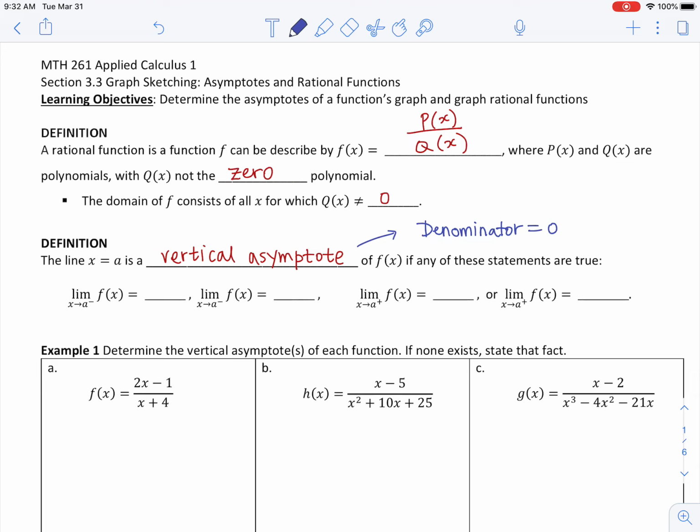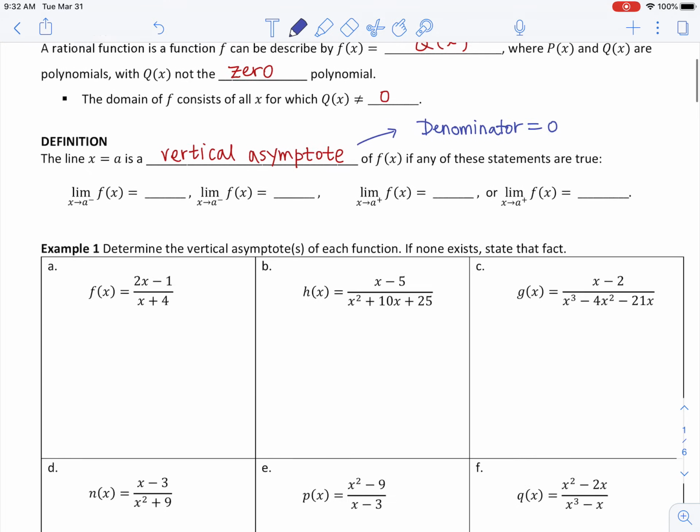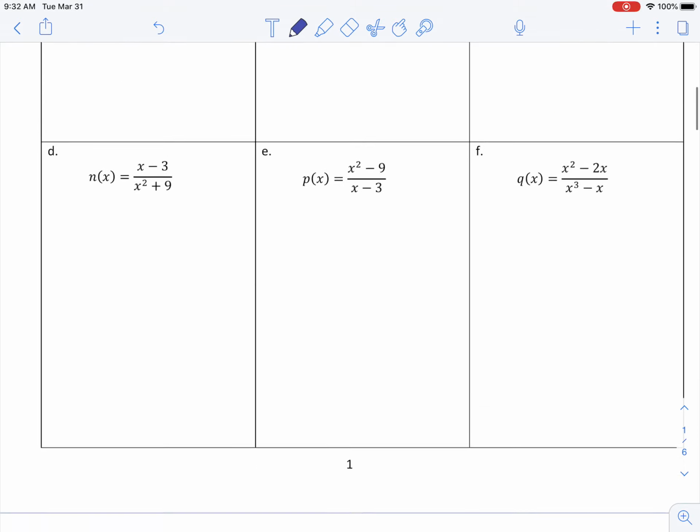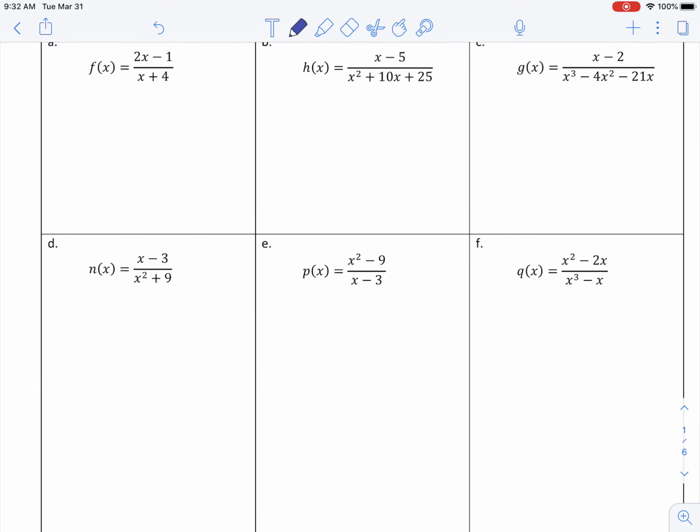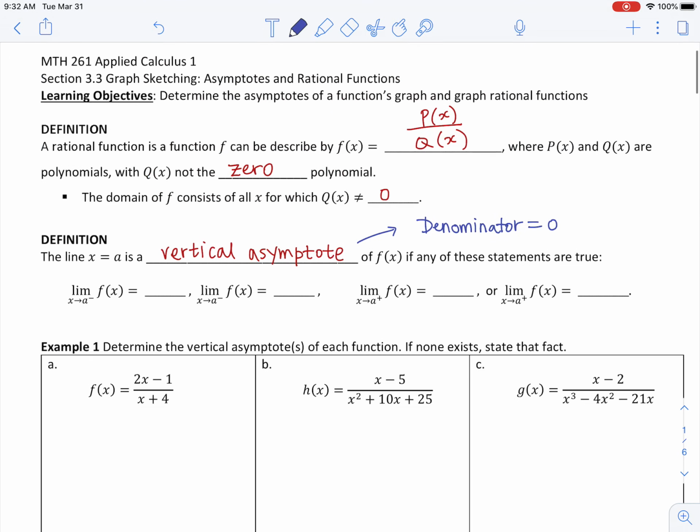There is another case, because that method will not only find vertical asymptotes, it may also find holes. If I ask you to find the vertical asymptote, we will set the denominator equal to 0, and that's how you can find the equation.